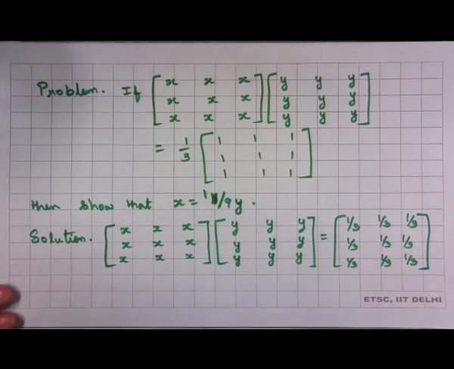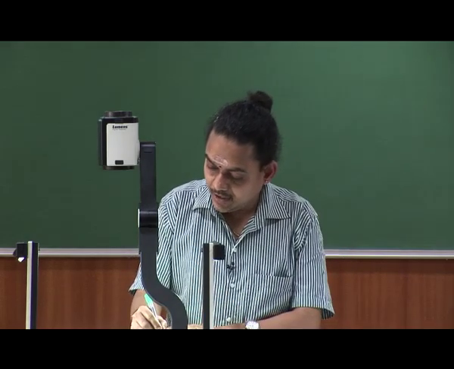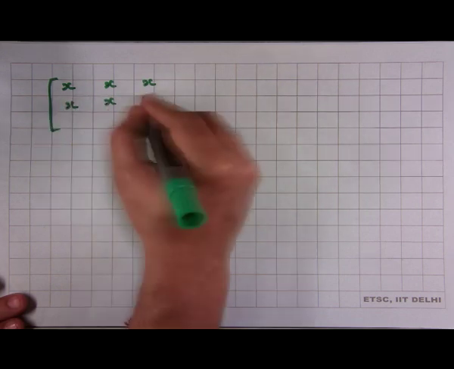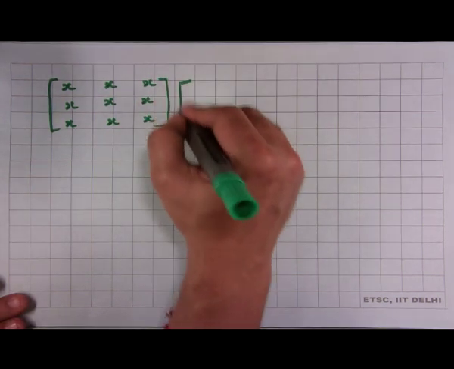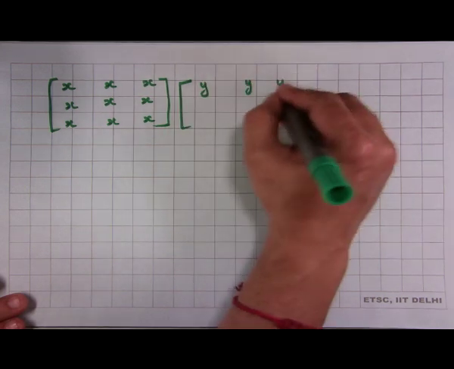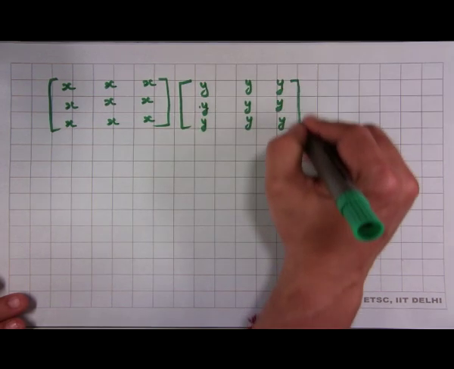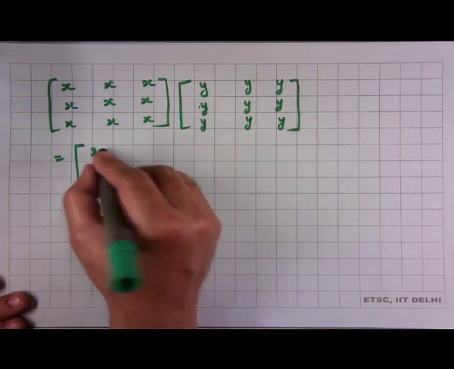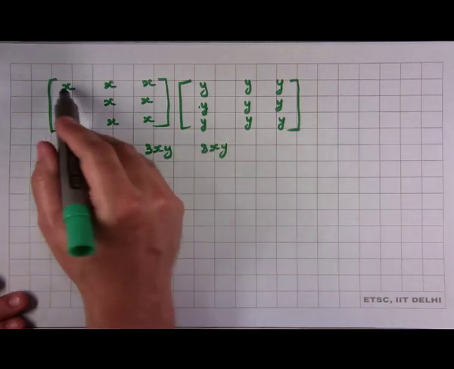Now, let us try to find out what the left hand side is. If you look at the left hand side, it is just the multiplication of matrices with entries just equal to x and y respectively. These two are the matrices, which is equal to 3xy throughout, right, xy, xy, xy.